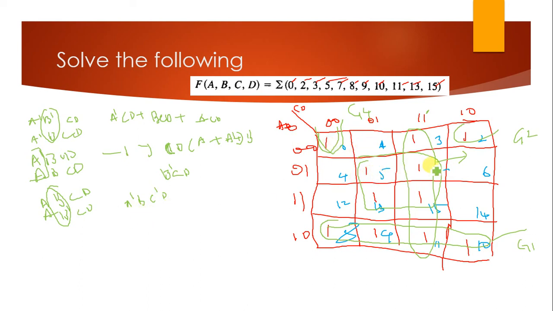In the CD part, C has been changed to 1. So that is A dash B, C and D. So the output equation is A dash B and D.